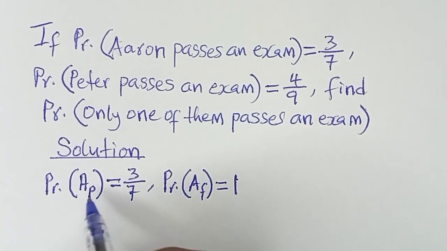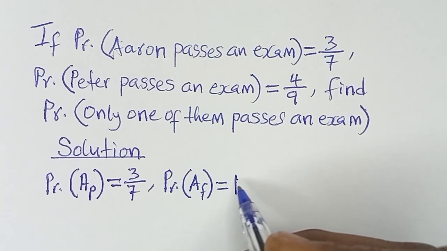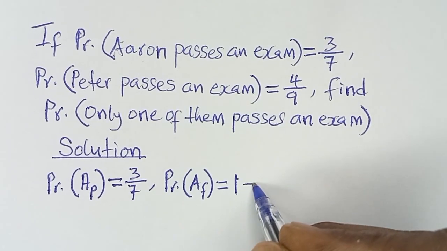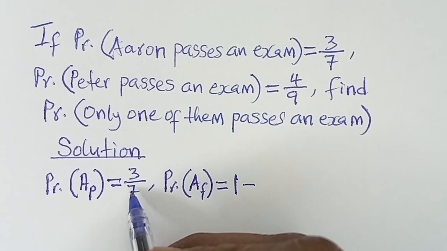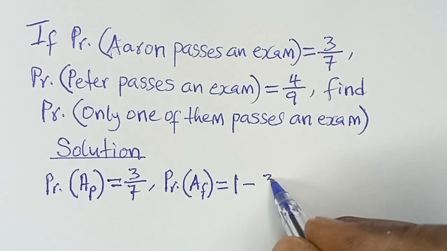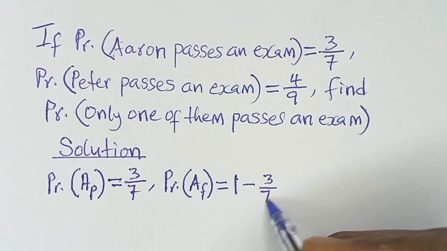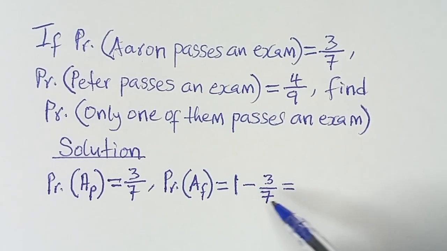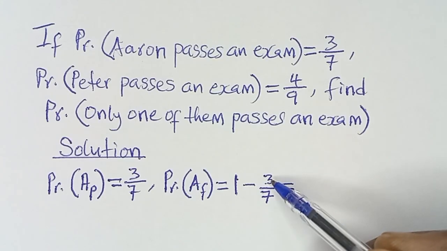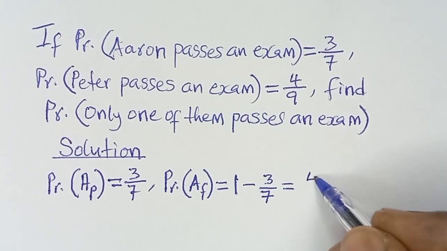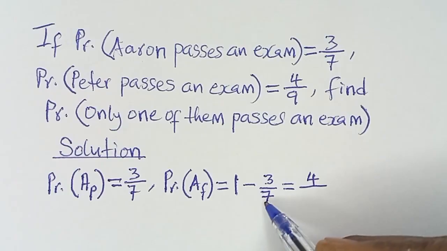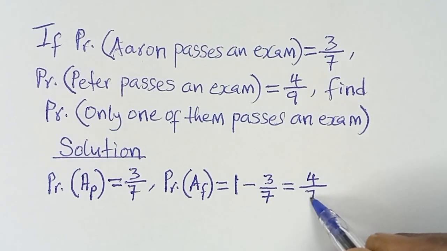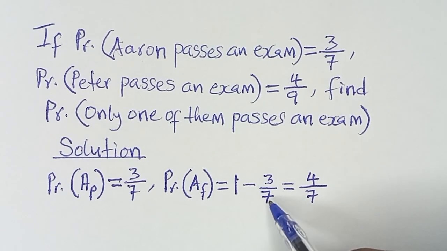So for us to get the opposite of a probability, we simply say one whole number minus the probability of passing, which is 3 over 7. And the short trick for doing this is just to take 7 minus 3, which gives us 4, all divided by the denominator, which is 7. So one whole number minus 3 over 7 gives us 4 over 7.